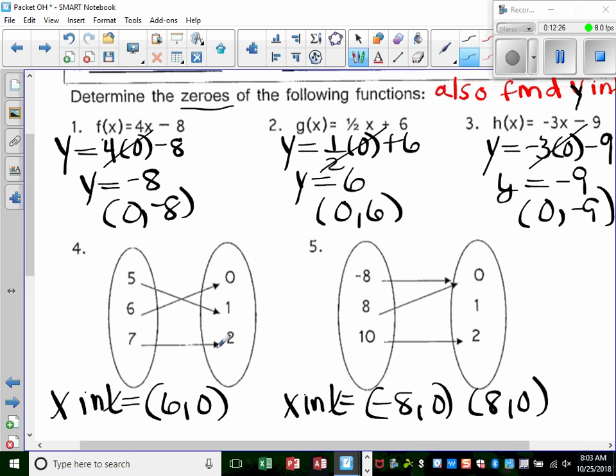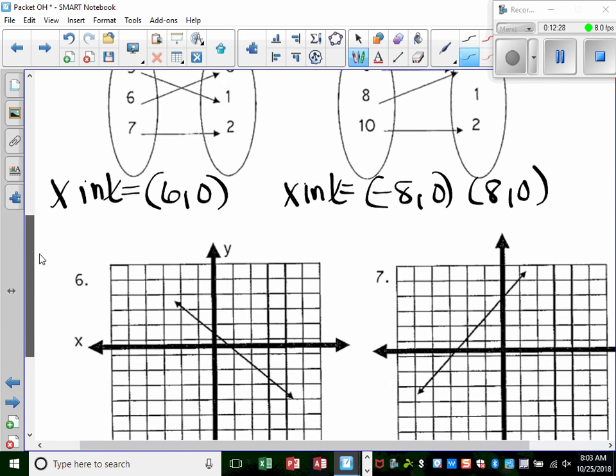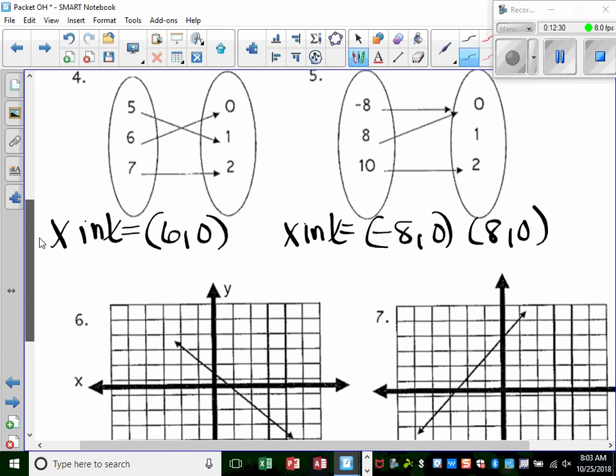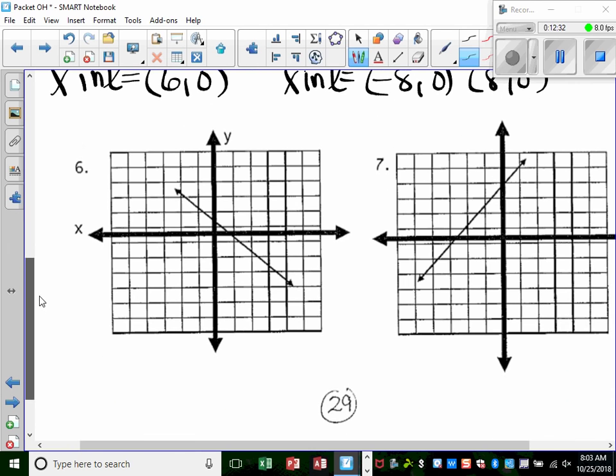Okay, very good. All right, so it's very easy to see too where it's crossing the x-axis if you're looking at a graph. Okay, as long as you know which axis is x, and it actually usually points it out for you. So if this is the x-axis, it looks like it's crossing right here. It's not definitely on 1, okay, but we're going to call it 1 anyway.